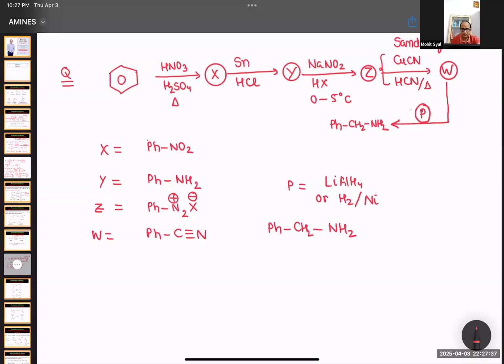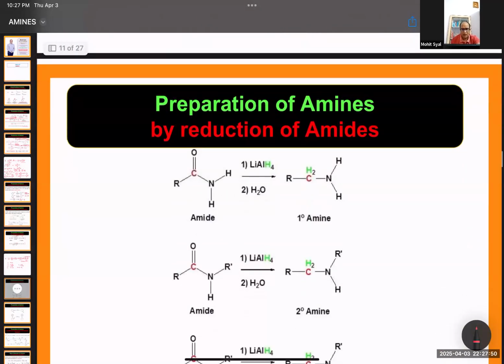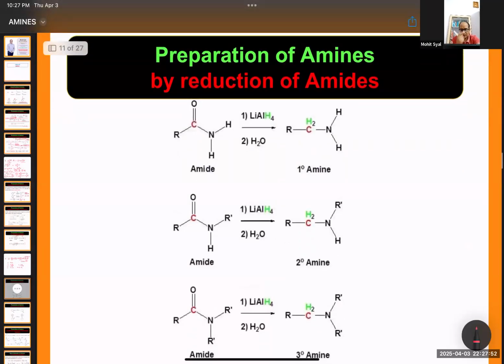Got it? So there are multiple options available. Okay, let's move to the reduction of other functional groups.